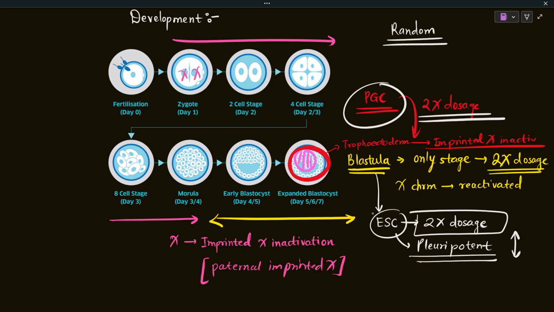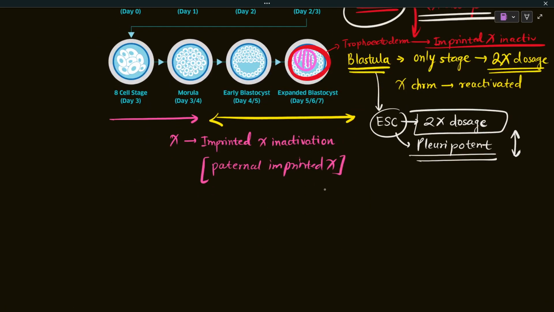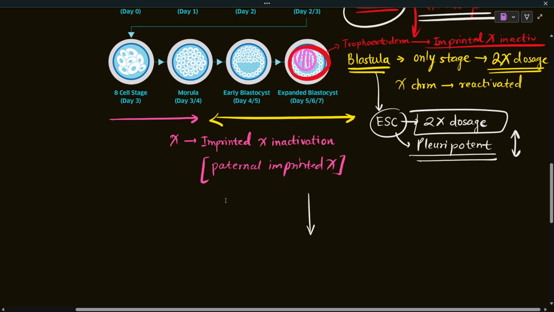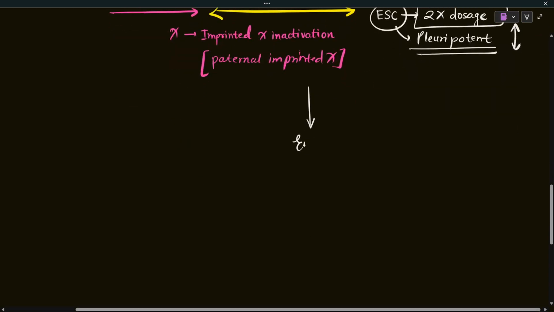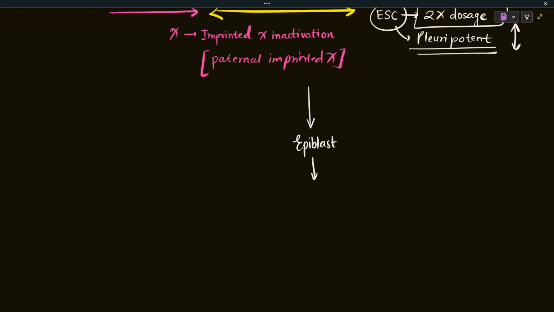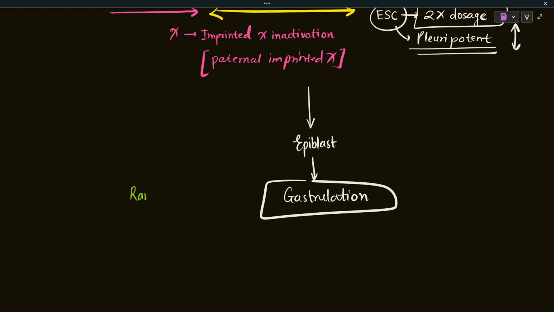But when this blastocyst is further developed, it reaches the epiblast stage, which then undergoes gastrulation. From when the gastrulation starts, or from the epiblast cell, there will be random X chromosome inactivation.